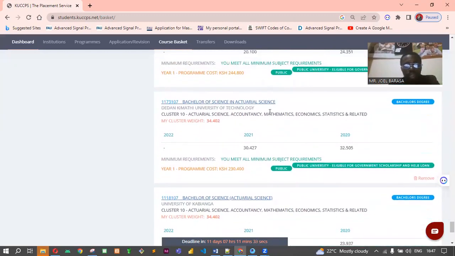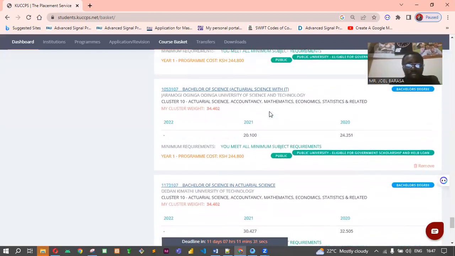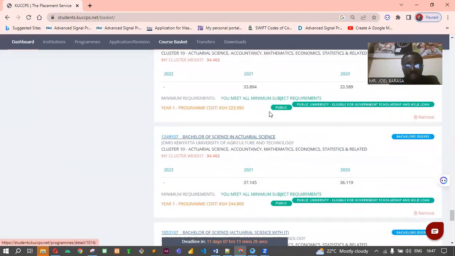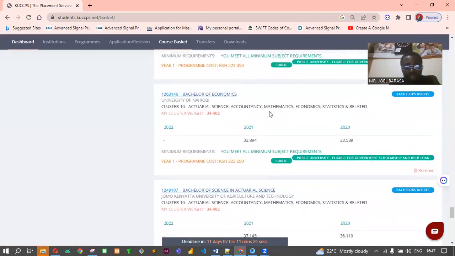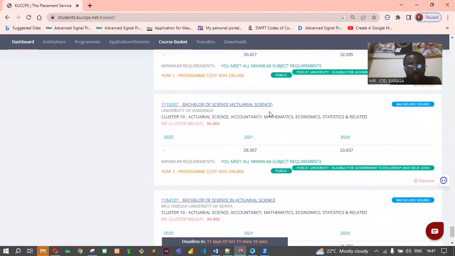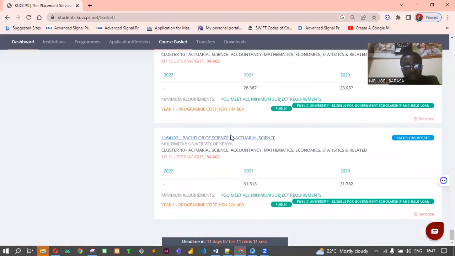Now I've given you here Dan Kimathi University, Jaramogi Oginga Odinga, Actuarial Science in Jomo Kenyatta. I've given you Actuarial Science in which other university? Now you need to pick. I've given you University of Kabianga because of the cluster weights, there are few, but this one is in Kericho, so you choose yourself where your people are close. Then I also picked Multimedia because it's near Nairobi, and therefore you can see their cutoff points.